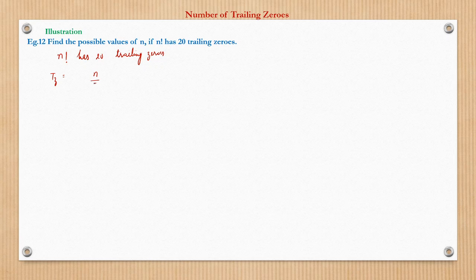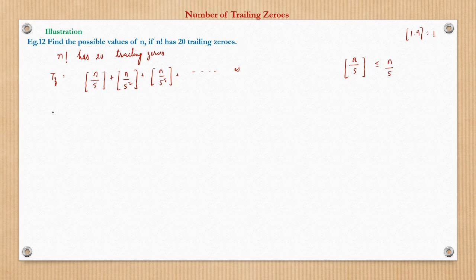It would have been given by the integer part of n by 5 plus n by 5 square plus n by 5 cube, and so on till infinity, where this is the integer function, which means the greatest integer less than or equal to n by 5, right? This we know, if it had been say 1.9, this becomes 1, which is less than 1.9.